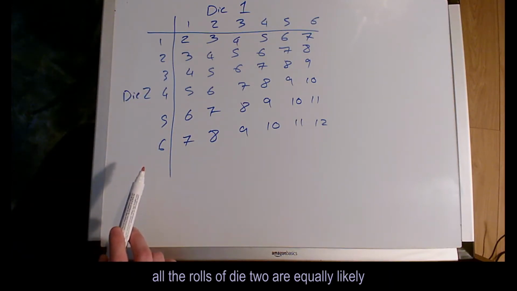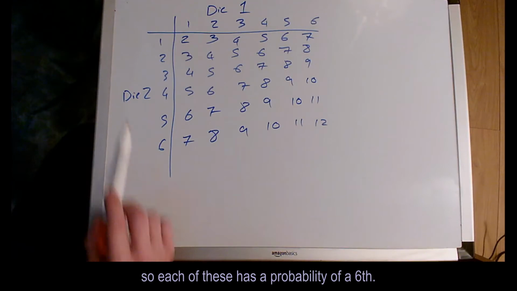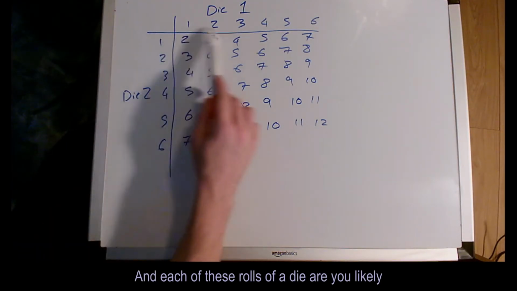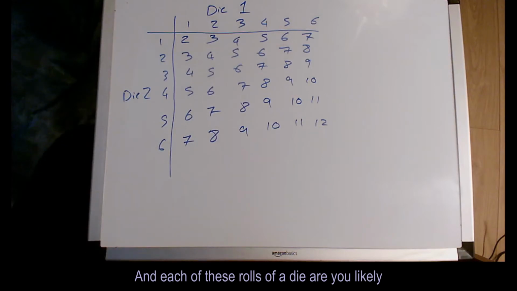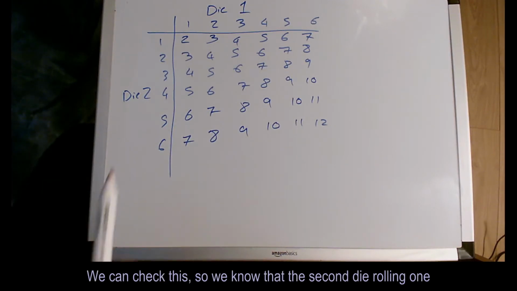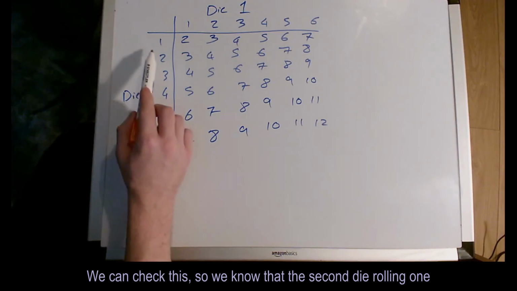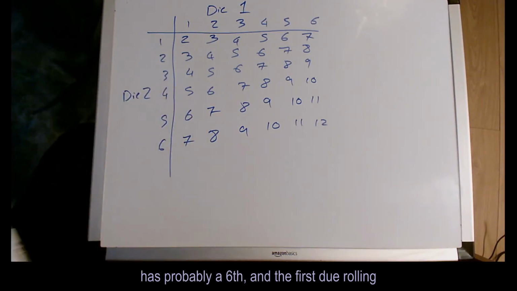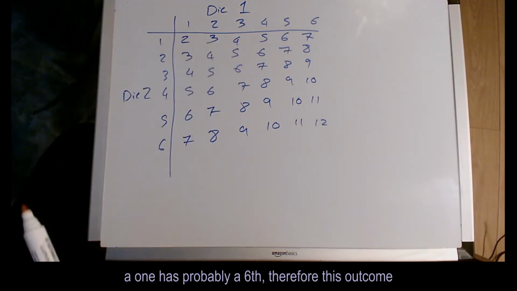All the rolls of die 2 are equally likely. So each of these has a probability of a sixth. And each of these rolls of a die are equally likely. And they are independent events, so each of these outcomes will be equally likely also. We can check this. So we know that the second die rolling a 1 has probability a sixth, and the first die rolling a 1 has probability a sixth.